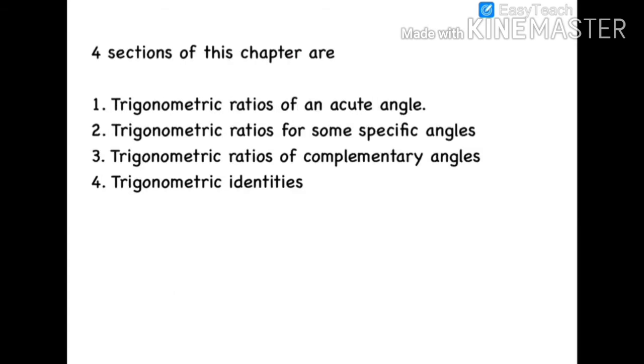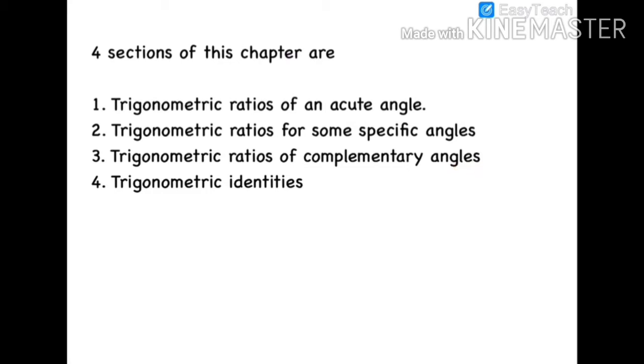So this chapter is divided into 4 parts or sections concept wise. The first concept that we will study in today's video class is to form trigonometric ratios with respect to an acute angle of a right triangle. In the second section of this chapter, we will study trigonometric ratios for some specific angles only, like 30 degrees, 45 degrees, 60 degrees. The third part of the chapter is about the ratio of complementary angles.